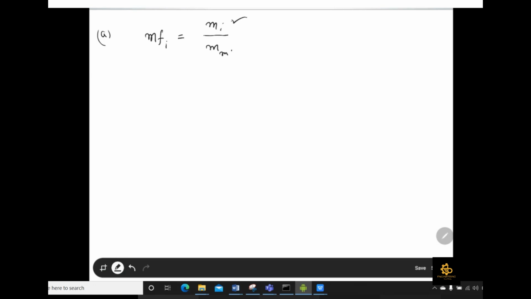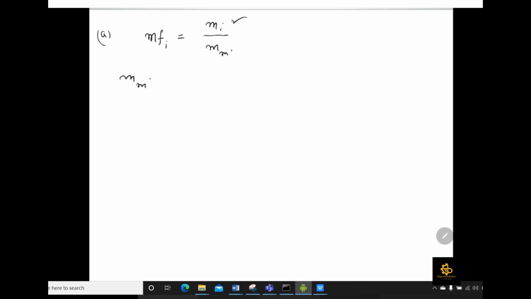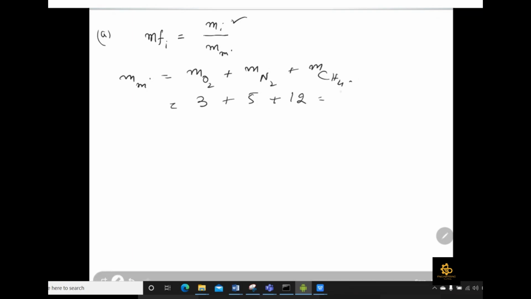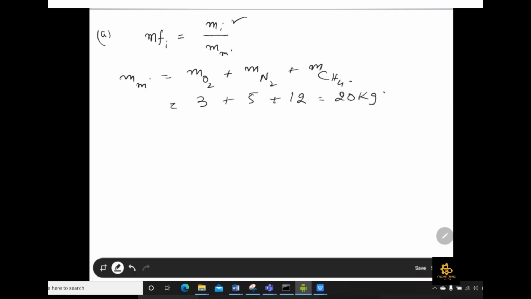The total mass of the mixture is the mass of O2 plus the mass of N2 plus the mass of CH4, because there are three substances. Adding these values, 3 is given for O2, 5 for N2, and 12 for CH4, so we get 20 kg for the mass of the mixture. If we have the mass of the mixture, we can easily find the mass fraction.